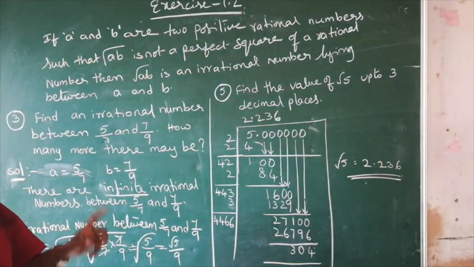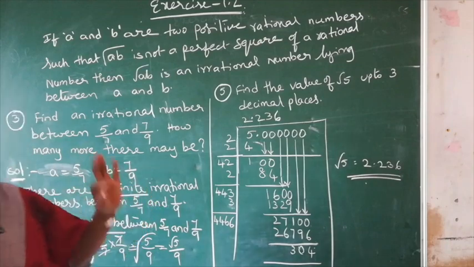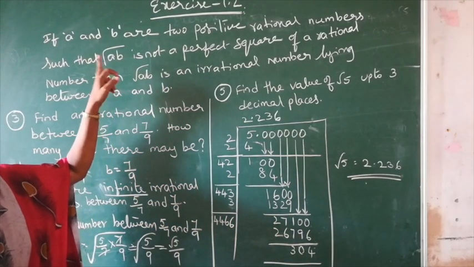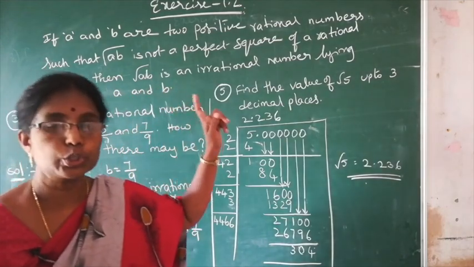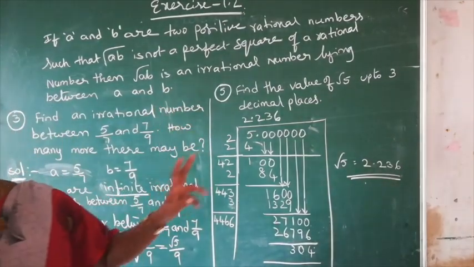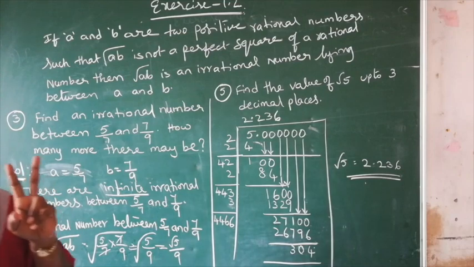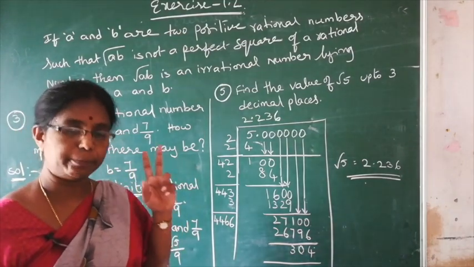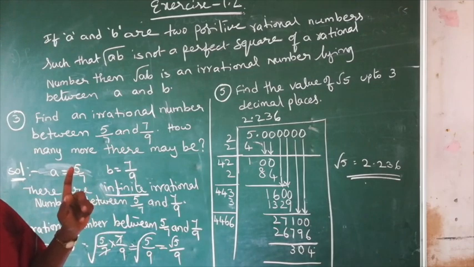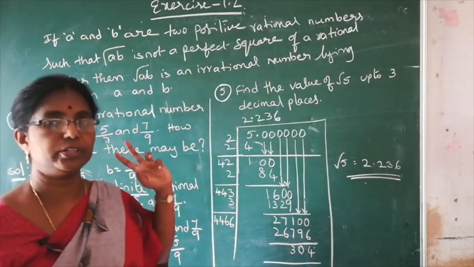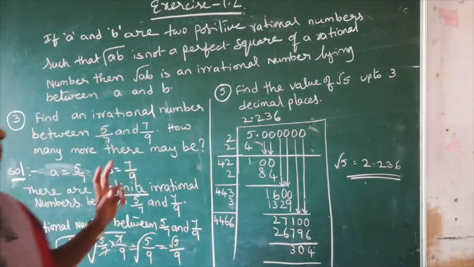Here we took 3 and 7 as rational numbers, the product is 21, then root 21 is an irrational number between those two rational numbers. Means when you multiply two rational numbers and the square root is not a perfect square, then it becomes an irrational number between those two rational numbers.